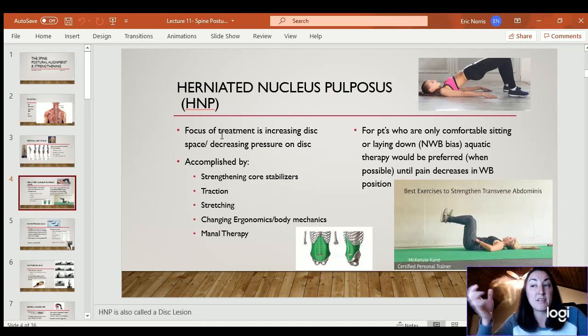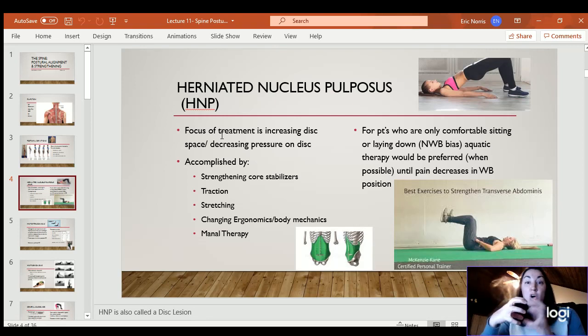Well, that would be kind of our best case scenario with a disc problem or a disc lesion, because if the jelly's still inside of the donut, it's just kind of scooted over to one side and pushing that side out. Then one thing that we can do is like repeated extension or some other exercises as well, but repeated extension is the thing we focus on in order to level that jelly back out.